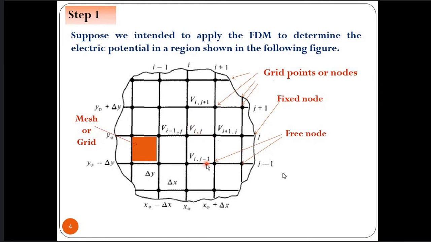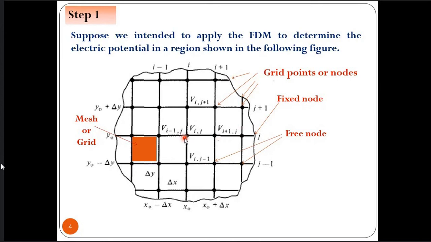Okay. So what will be the potential at x0 plus del x? The distance between two consecutive nodes is plus del x. On this vertical line, the value of x is x0 plus del x, and along this line the potential is Vi plus 1, j.